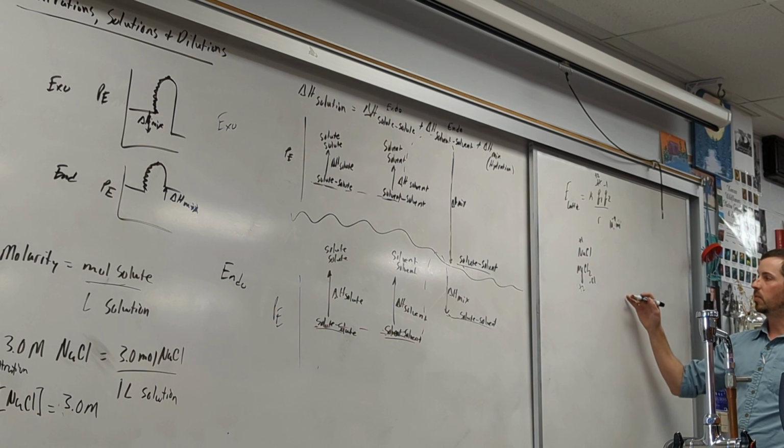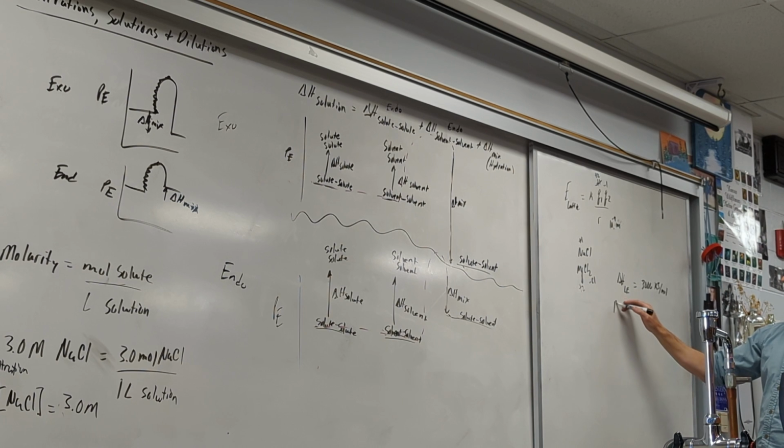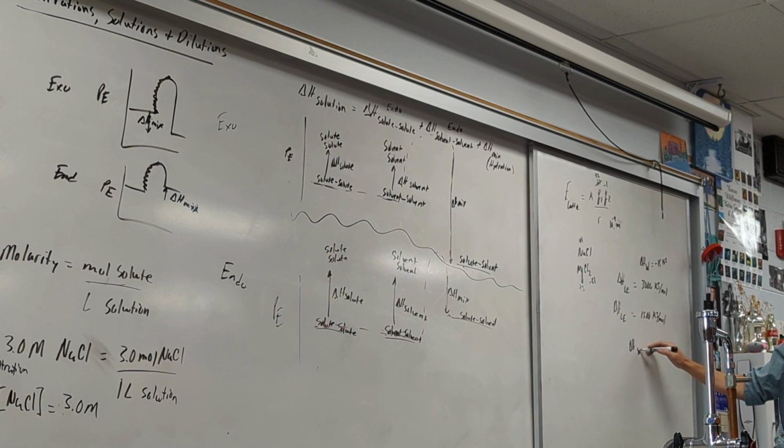That being said, let's say the lattice energy is like 3,000 kilojoules per mole, and something like 1,500 kilojoules per mole. I'm making up these numbers, so if you look these up, they would not be the same. And let's say this first one has a heat of solution of like -15 kilojoules, and this one has a heat of solution of like -50 kilojoules.